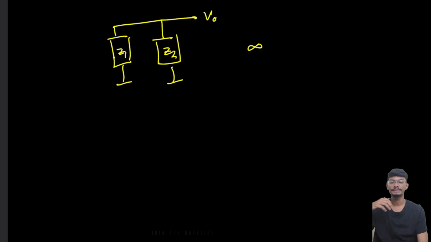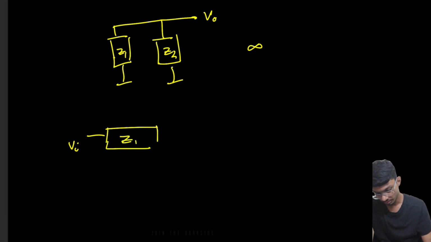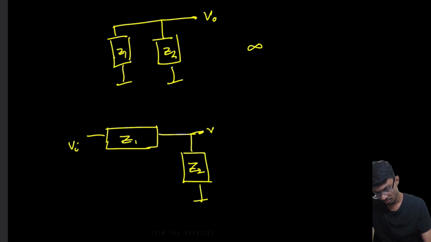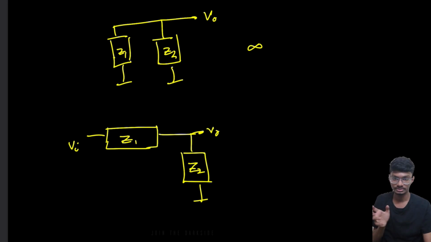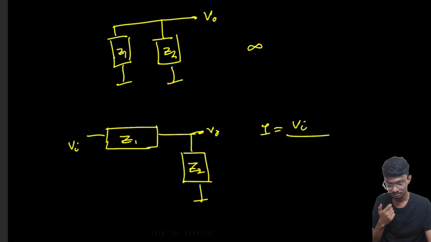Also, how are we getting the output voltage as infinite? Let's see that. So this is Vi, this is z1, this is z2, and this is VO. So what is the current? The current is basically Vi by z1 plus z2.